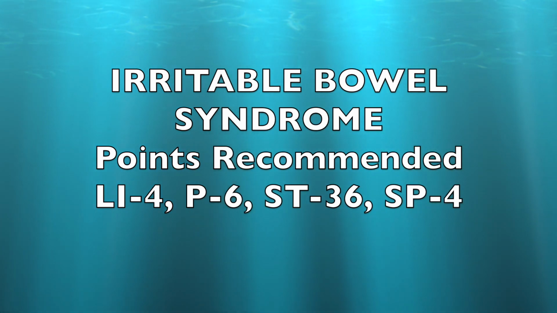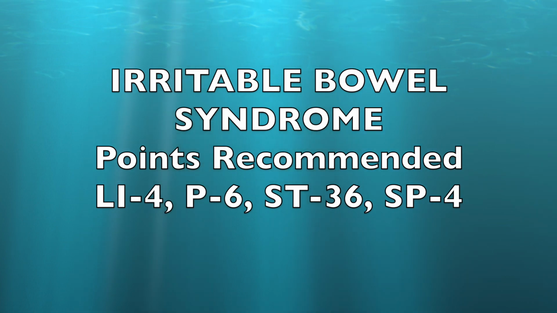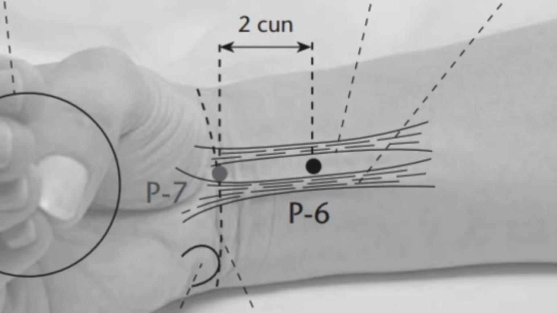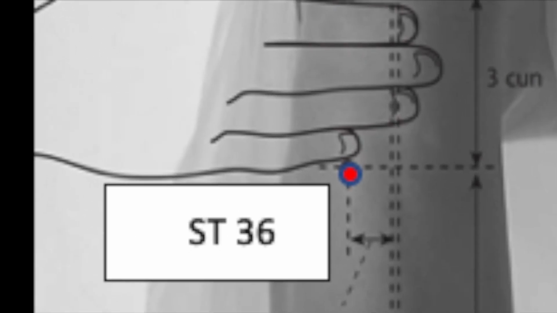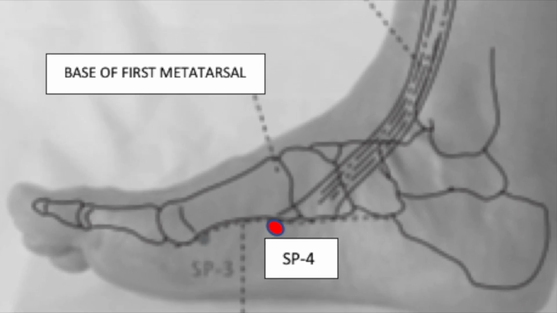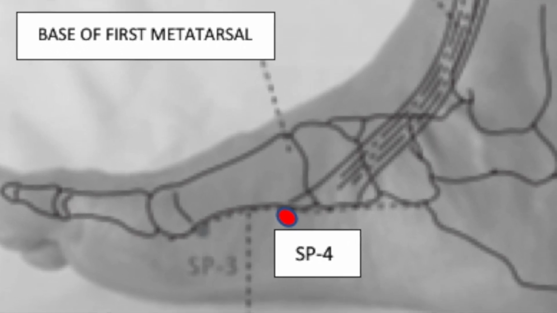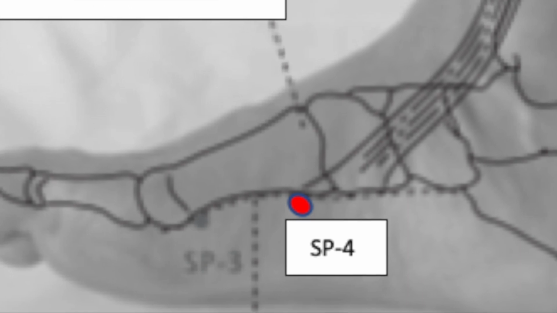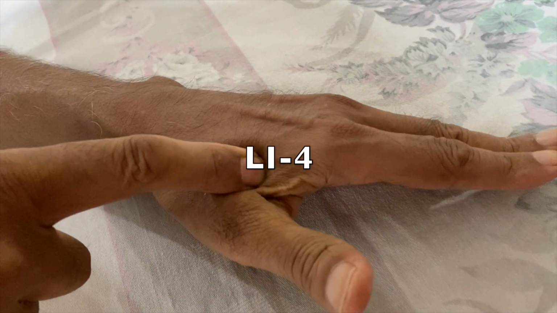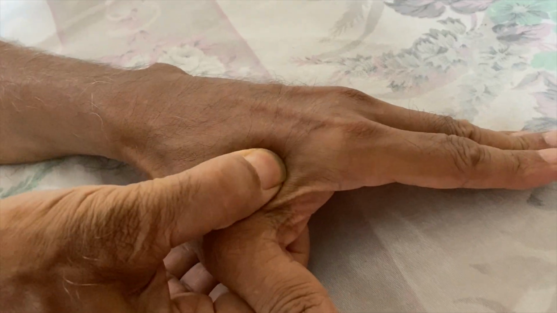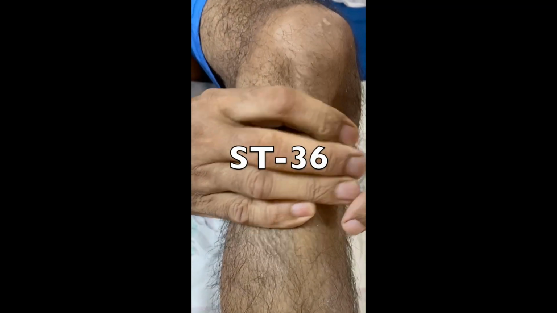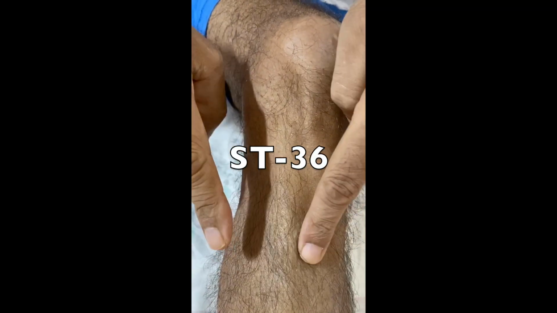The points that are helpful in this syndrome are large intestine 4, pericardial 6, stomach 36, and spleen 4, which is particularly used for alternating constipation and diarrhea. Pressure for 1 minute several times a day and stimulation of these points have a healing effect and reversal of the symptoms in irritable bowel syndrome.